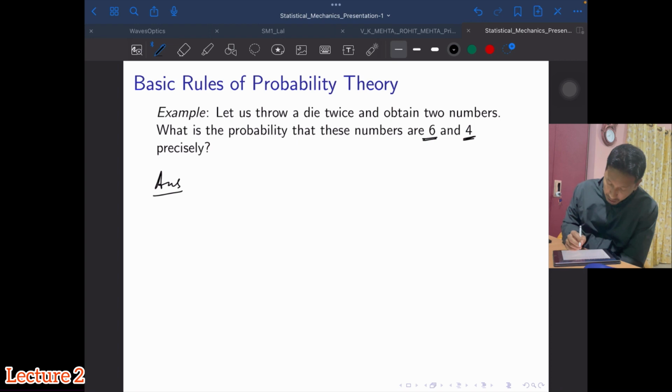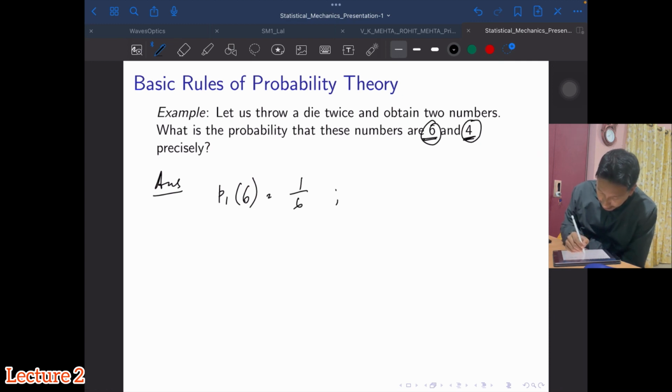Now the occurrence of the second number is independent of what has happened in the first case. So the probability of finding 6 in the first case is given by 1 by 6, and the probability of the occurrence of 4 the second time I throw the die will also be 1 by 6.